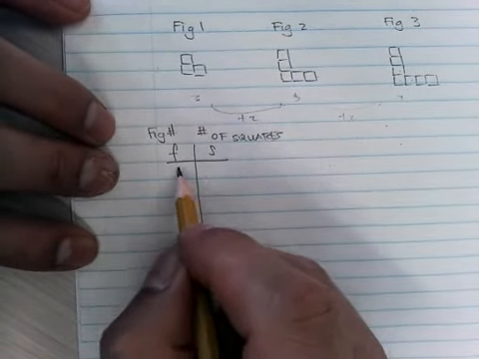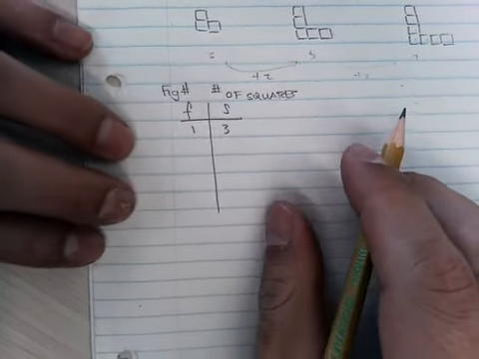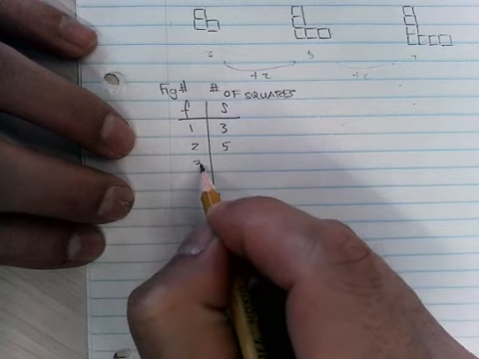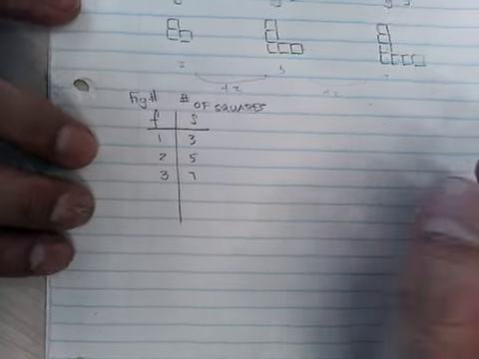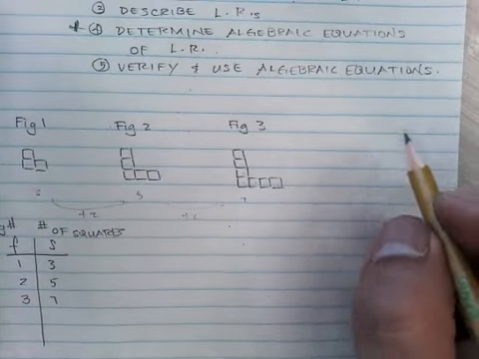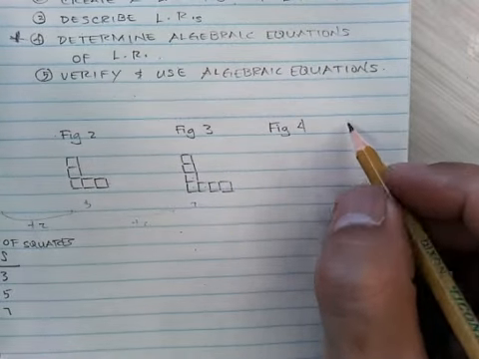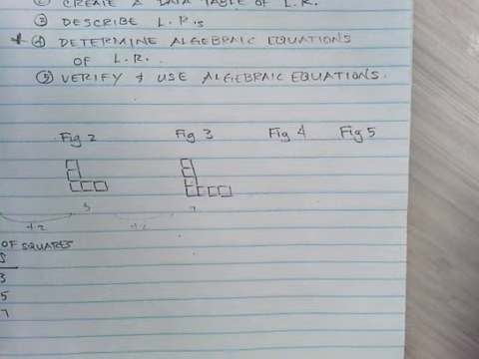In figure number 1, we counted 3. In figure number 2, we counted 5. Figure number 3, we counted 7. Now, if I was to ask you to draw figure number 4 and figure number 5, would you be able to do it?